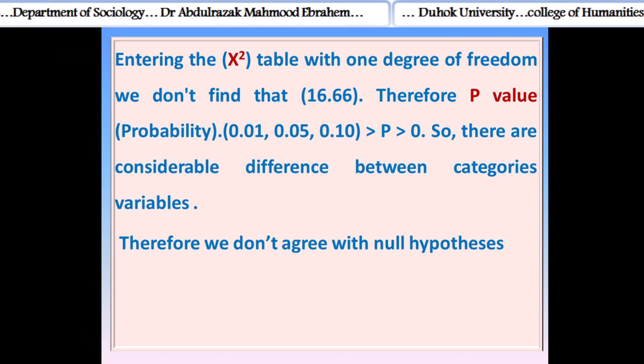So there is a considerable difference between the categorical variables. Therefore, we don't agree with the null hypothesis.